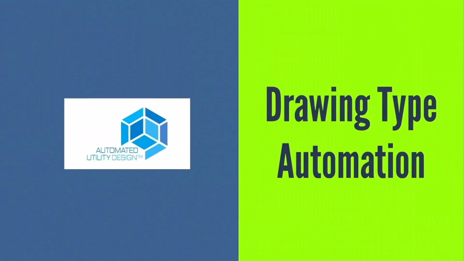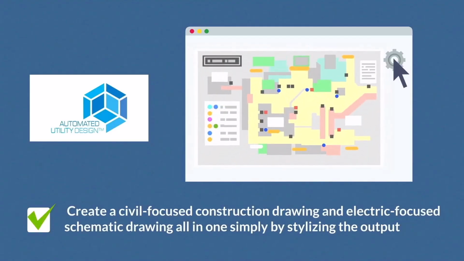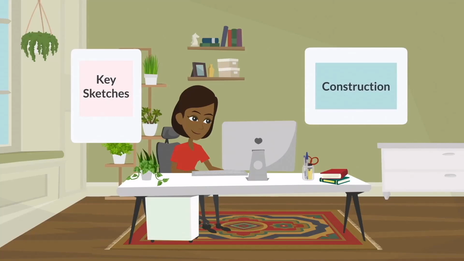The next AUD feature worth highlighting is the drawing type automation that enables estimators to create all-in-one drawings. What we mean by that is you can create a civil-focused construction drawing and an electric-focused schematic drawing all in one, simply by stylizing the output. Right now, estimators must create separate drawings such as key sketches and construction drawings.